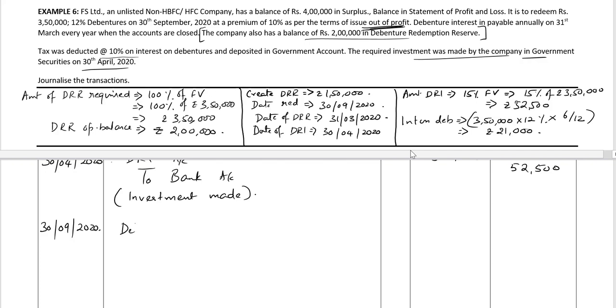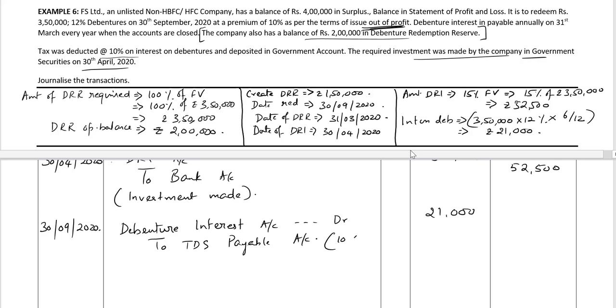So it's debenture interest account debit, 21,000 rupees, to TDS payable account. It's given as 10%.